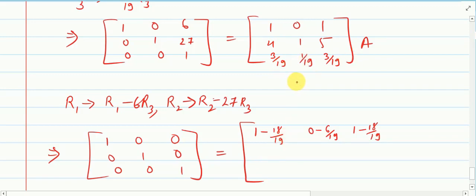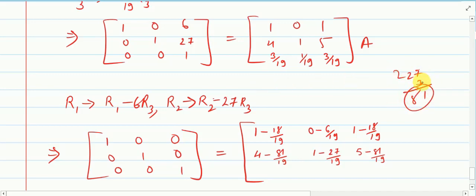Yes. Now we have to do 4 minus 27 times this. So we'll get 4 minus 27 by, so it will be 81 upon 19. Here 1 minus 27 upon 19. Here 5 minus 81 upon 19, because 27 into 3, 3 7s are 21, 81.